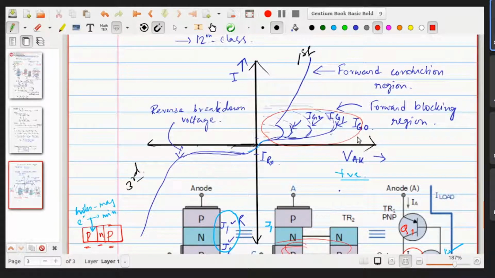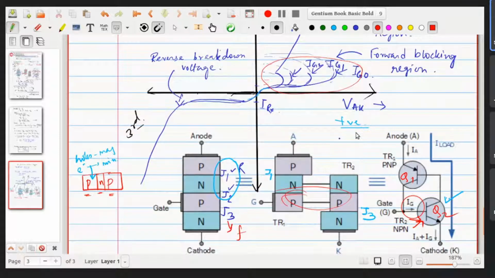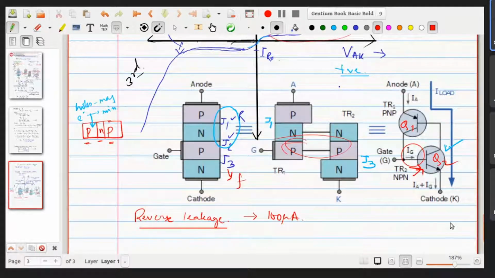At a certain point, when you cross that forward blocking region mode, then the junction J2 is going to break, and the two component transistor model that we tried to identify in this figure D, the junction breaks, so automatically current starts flowing through the device.